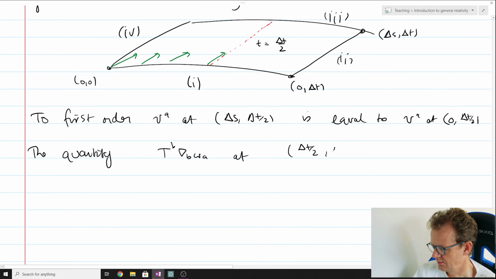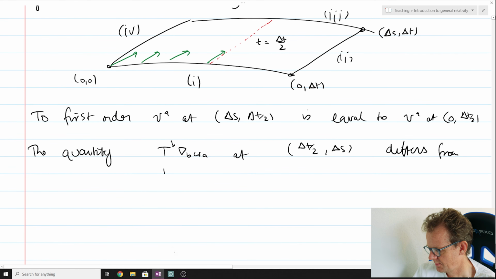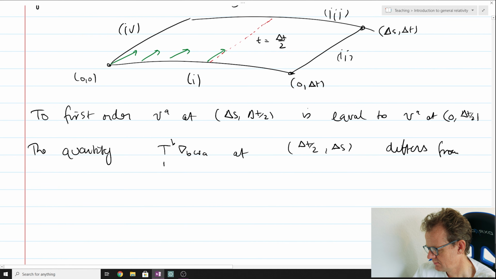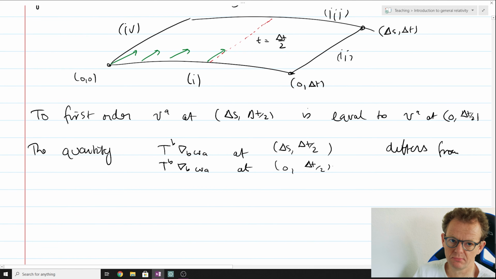So at δt/2, it differs from the same dual vector evaluated at δt. Oops, I did it the wrong way around here. Put the δs first. Right, these two quantities potentially differ.